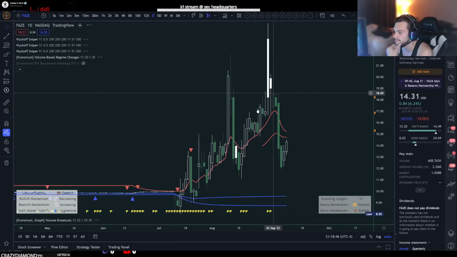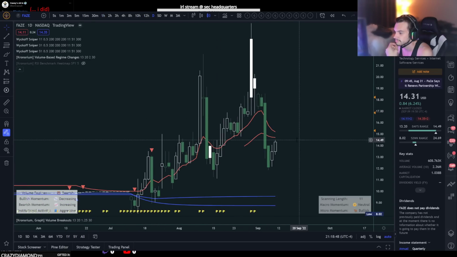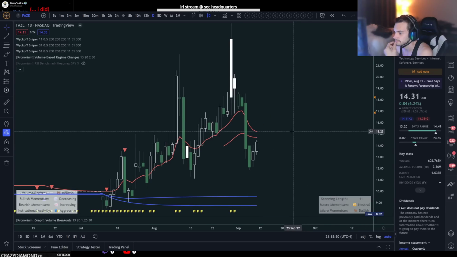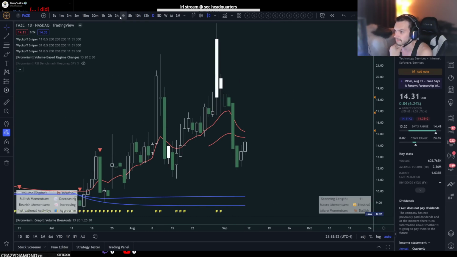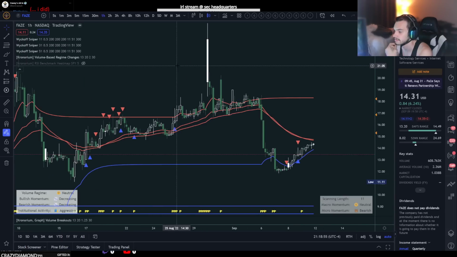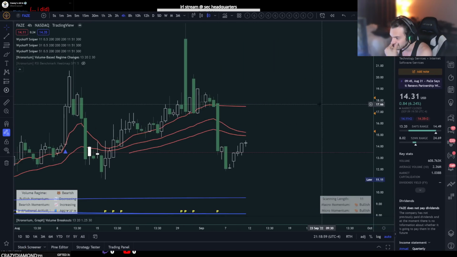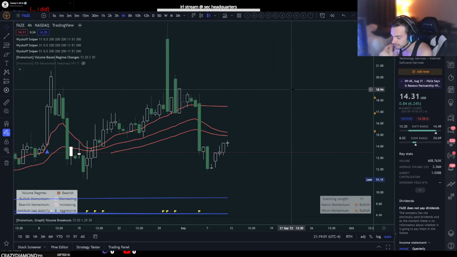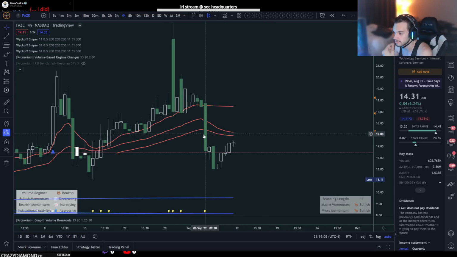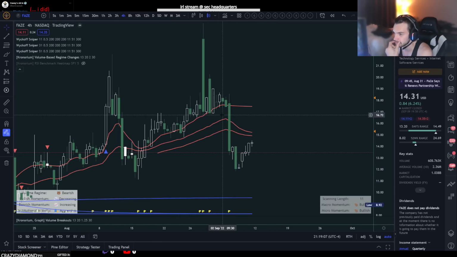I'd be careful. I'd be really careful with this. IV is probably still juiced as well. Yeah, I'm indifferent towards this. The 4 hour is reading bullish, but it needs volume.